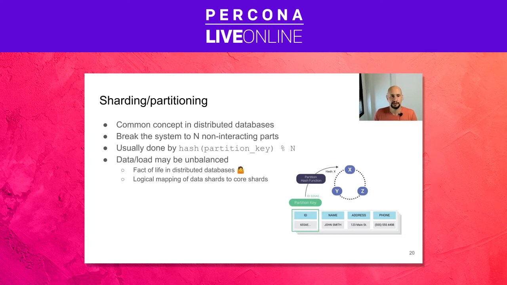And this is luckily a common concept in distributed databases. Because Scylla is by design a distributed database, it plays very nicely with this concept. So basically, we just treat the machine itself as a bunch of individual cores, or a bunch of distributed systems inside one local server. So the idea is that every row has a partition key, and you take that partition key and you hash it, and then you take a modulo of that hash, and this basically gives you a partition number.